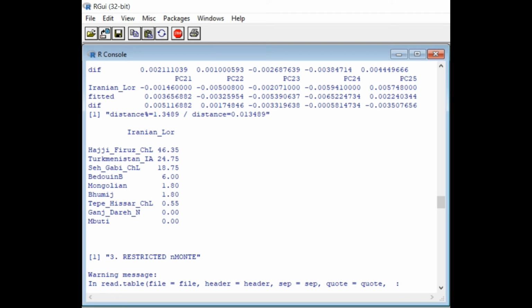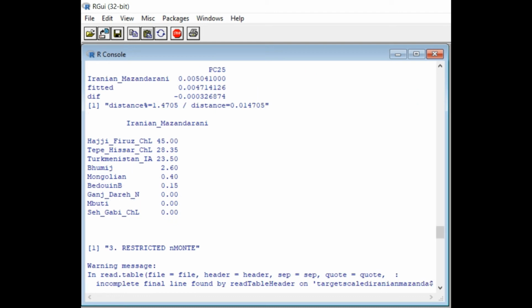Now the results of the next population won't really surprise you, but what will surprise you is their low steppe admixture. And Mazandaranis actually have the lowest steppe admixture in Iran from the major populations, and the reason for this is the fact that Mazandaran and the Caspian region has been bordered by heavy mountains, and these mountains have prevented any major influence or genetic intrusions into this region.